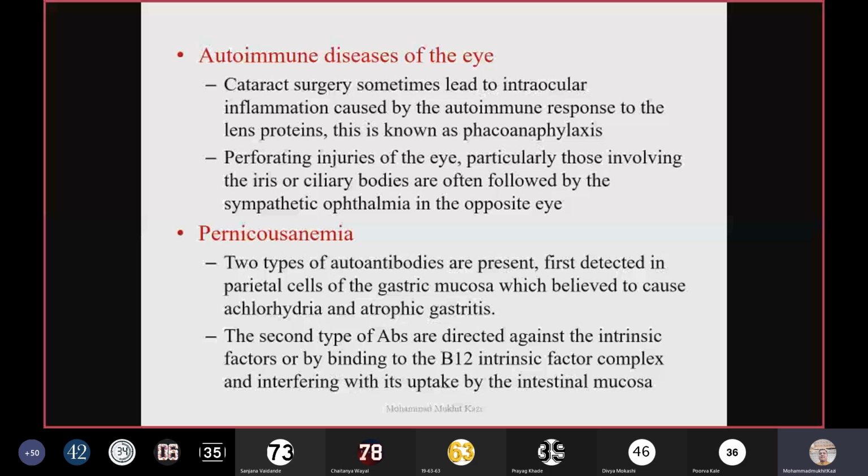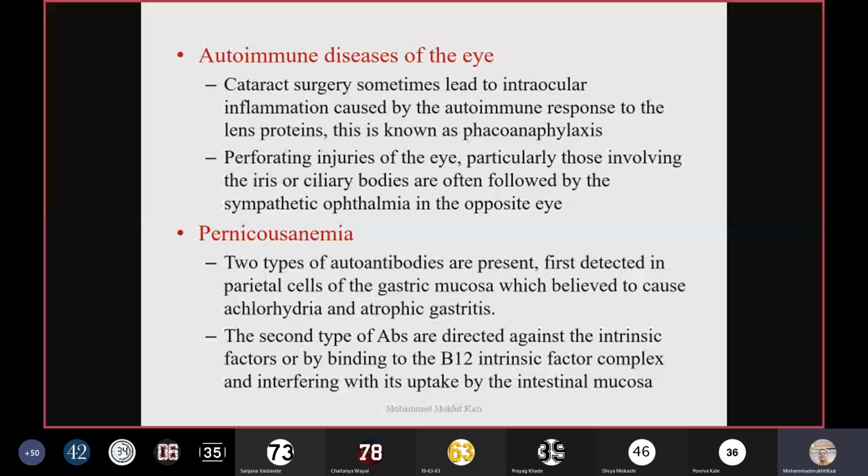There are certain autoimmune diseases of the eye. Cataract surgery sometimes leads to intraocular inflammation, which is caused by an autoimmune response to the lens proteins. This is known as phacoanaphylaxis. Why? Because the lens antigens are present in a closed system.